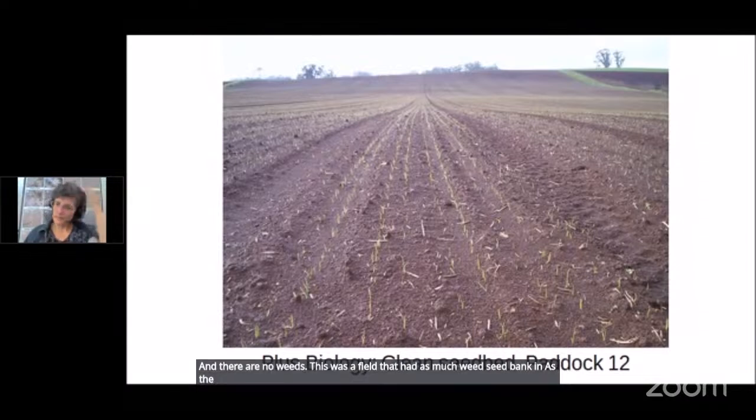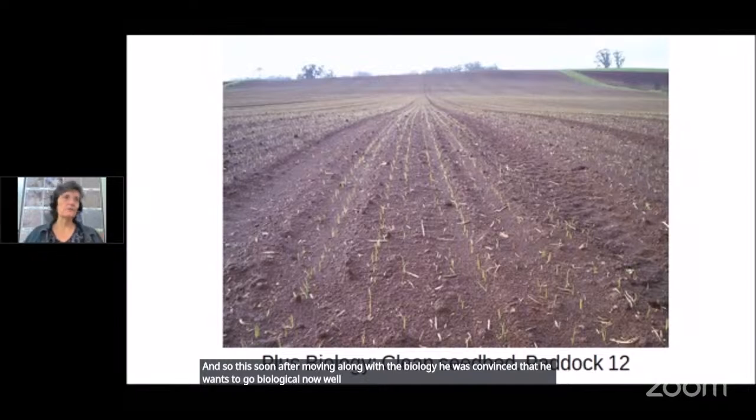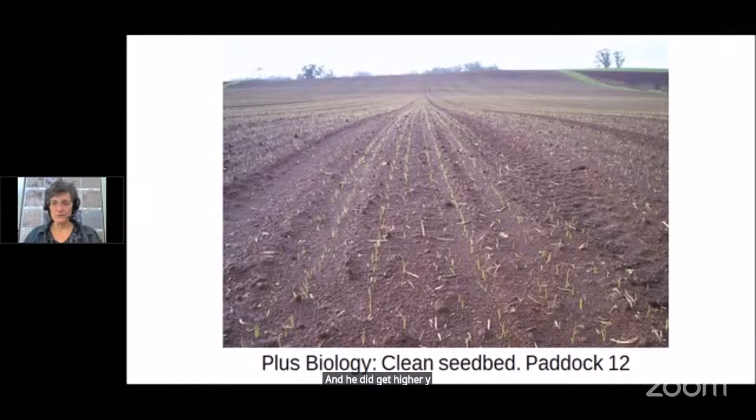The grower said, oh no, he's always had problems in this field with the weeds, always. And so soon, after moving along with the biology, he was convinced that he wants to go biological now. Well, he let us finish the trial, and he did get higher yields with the onions from the biological fields.